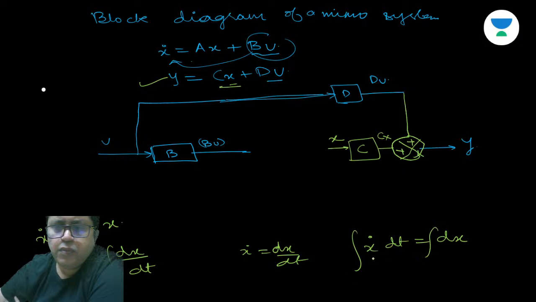Integrating, the integral of x dot dt is x. So x is the integral of x dot.